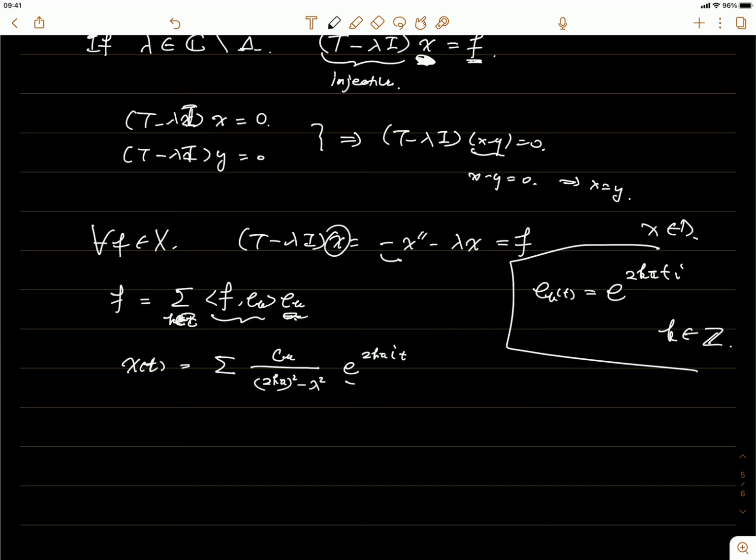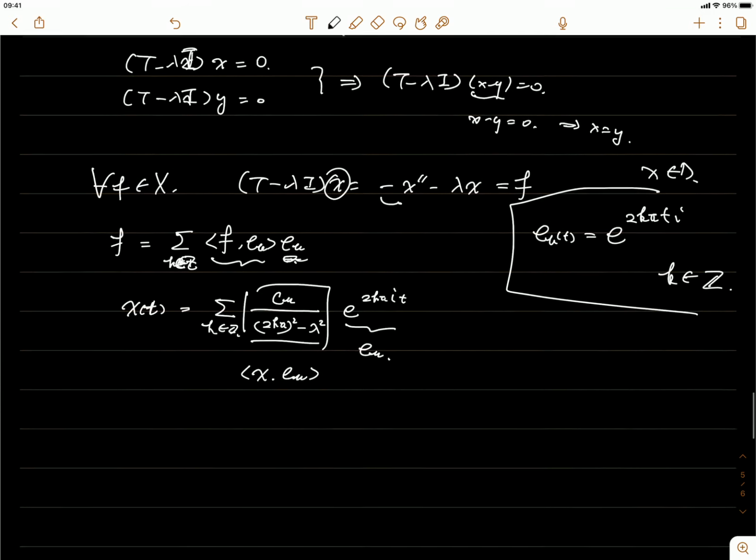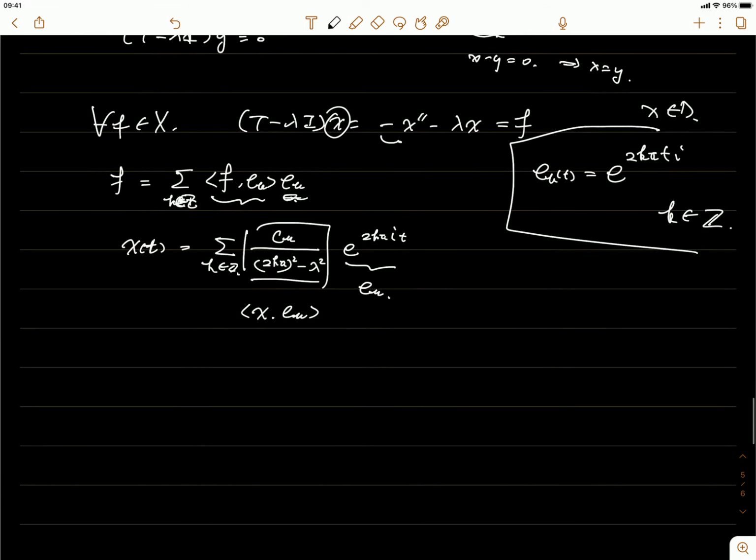So this is like the ek. This is like the coefficient, the inner product of x and ek, for all k. And this can be obtained where ck is the inner product of f and ek, the Fourier coefficients.